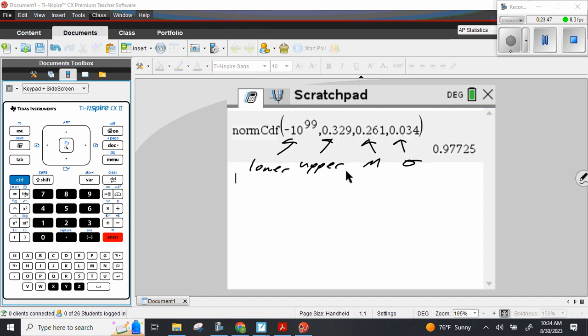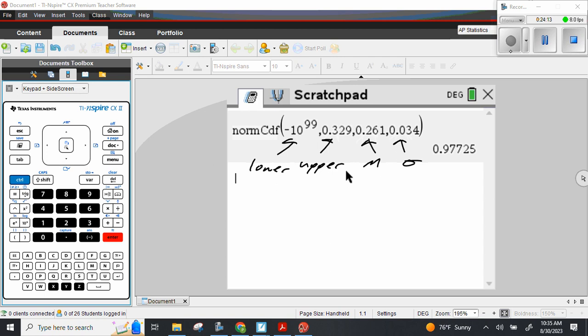Fantastic. 3 ways. Obviously, the last 2 are the best. They're most exact. But you can see, right, our precision for our answers increased. This has a higher amount of precision than the value that we got from the table.